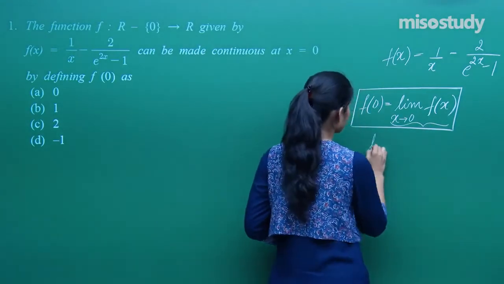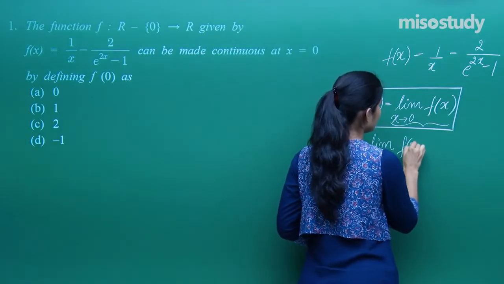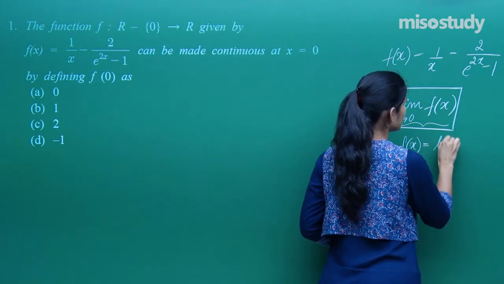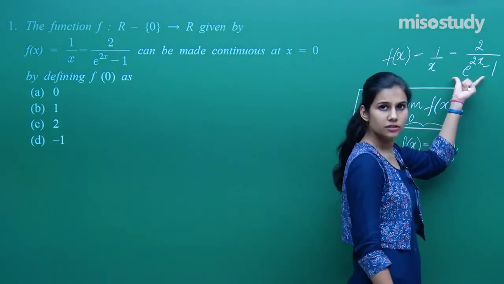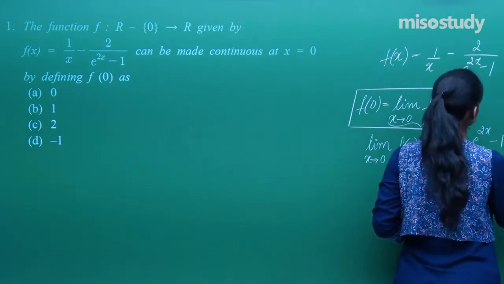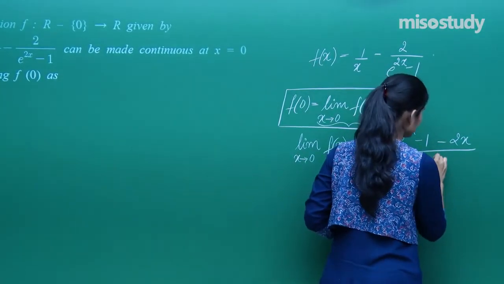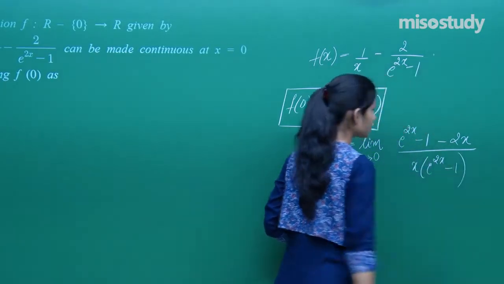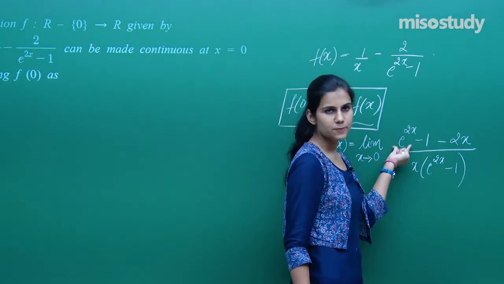What would this be? Limit x tends to 0 f of x is actually limit x tends to 0 of e to the power 2x minus 1 minus 2x, whole upon x into e to the power 2x minus 1. Now you can just use the expansion of this exponential function.